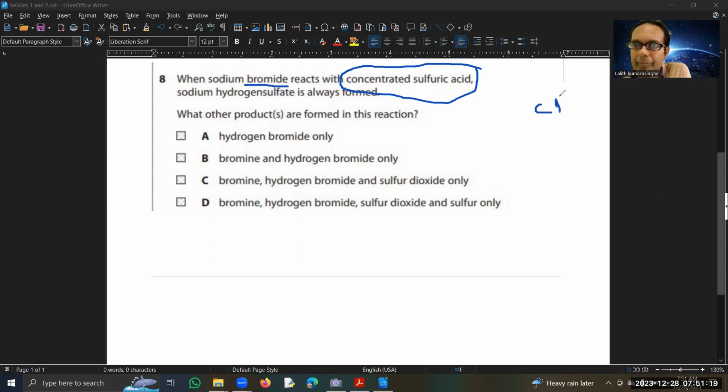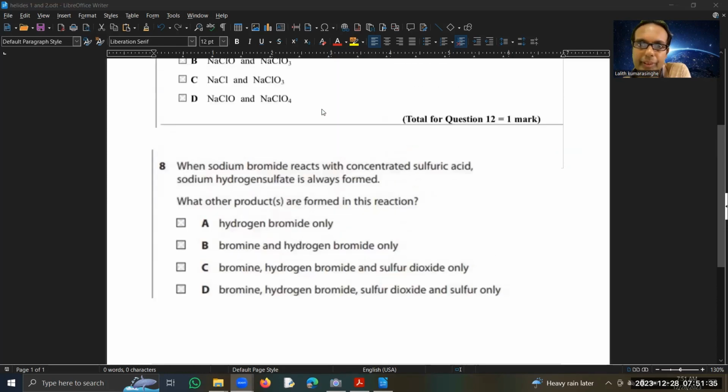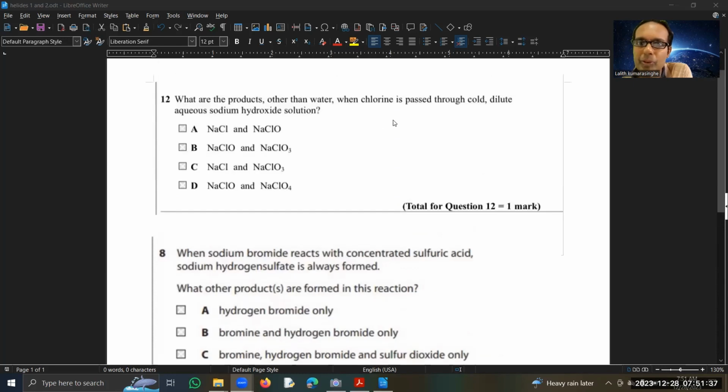Chloride, bromide, and iodide. Halides tests. This is specifically a halide test. And this one, this is a small hint.